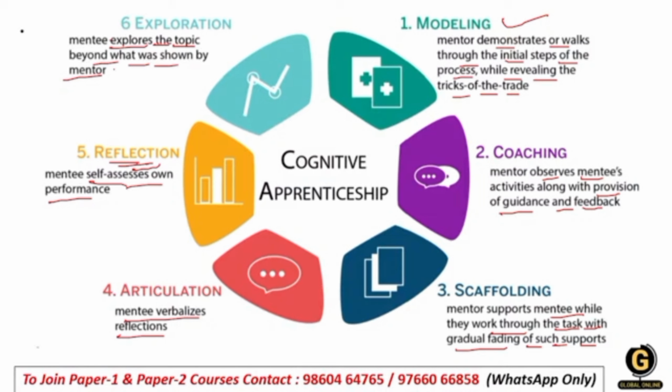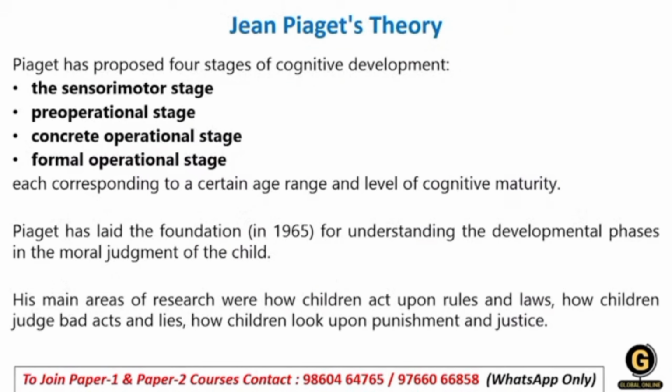Here the learners have developed their cognitive level. They use everything they have studied, observed, and experienced, and apply it in real life. That is exploration. These are the six points of the cognitive apprenticeship model.